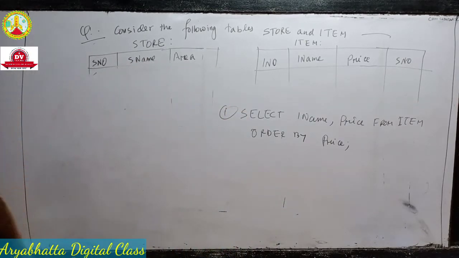The second question is to display store number and store name of all stores located in CP, the area.